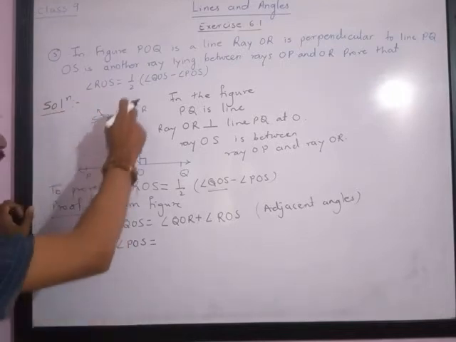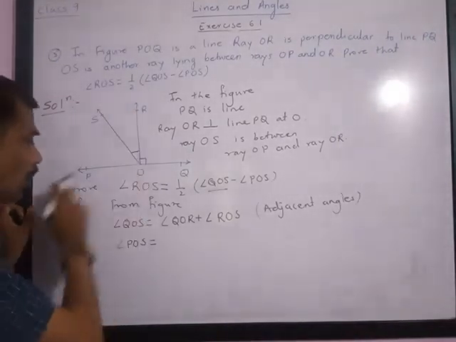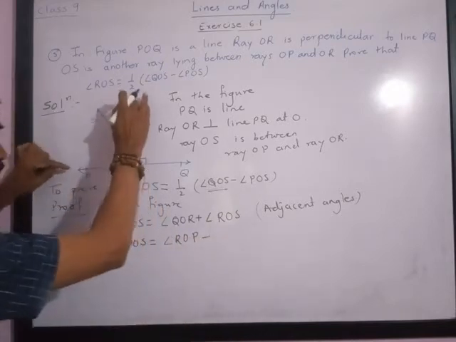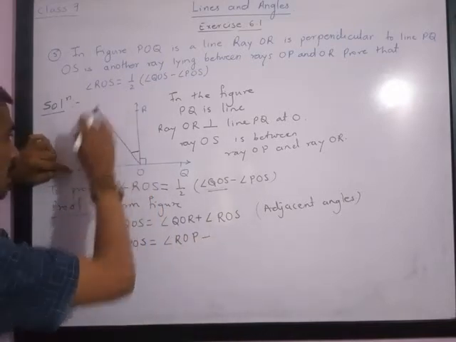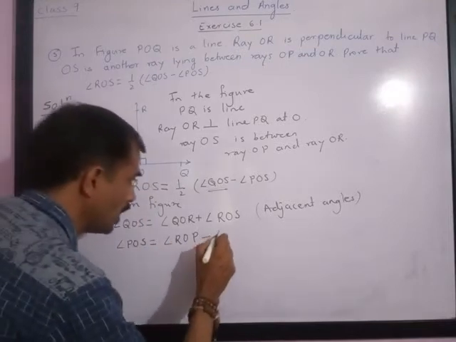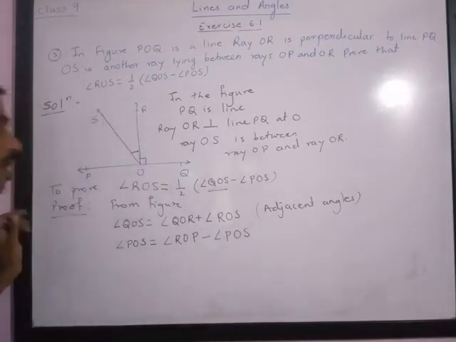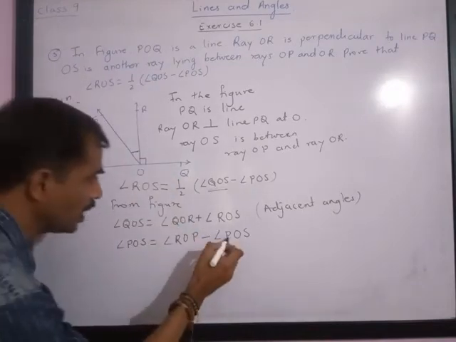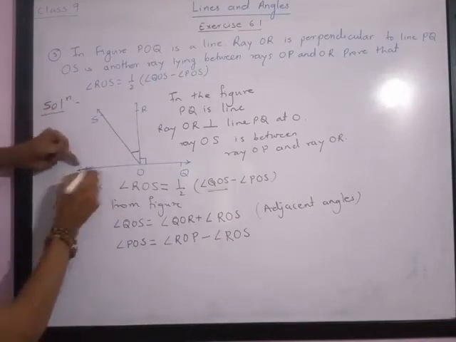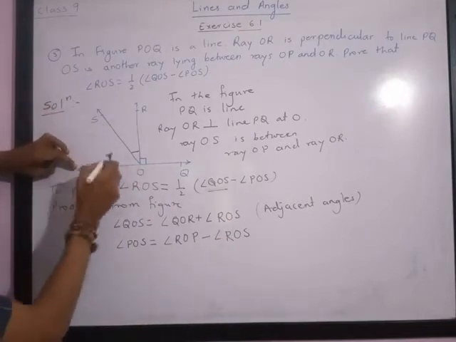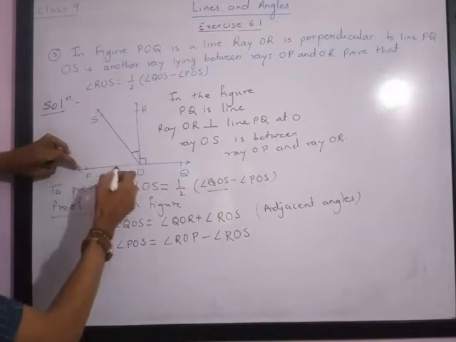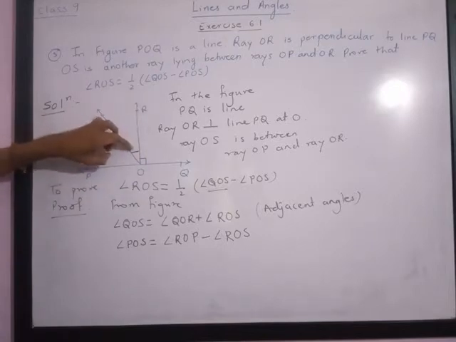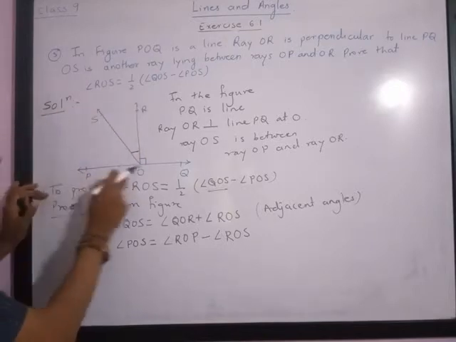So I will get angle ROP minus angle ROS. I wanted to find angle POS. So POS is nothing but angle ROP, this total angle, minus ROS. If you subtract this angle from the total angle, we will get POS.